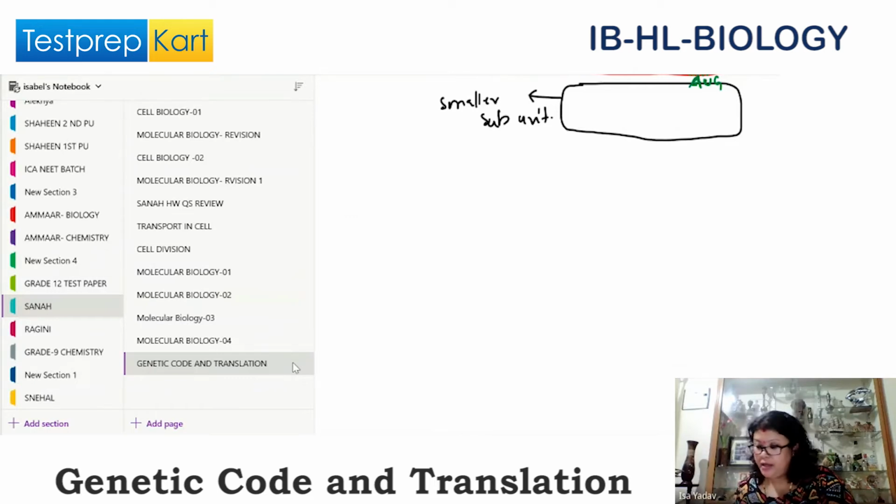Photosynthesis and respiration. Topic 3 is genetics, right?